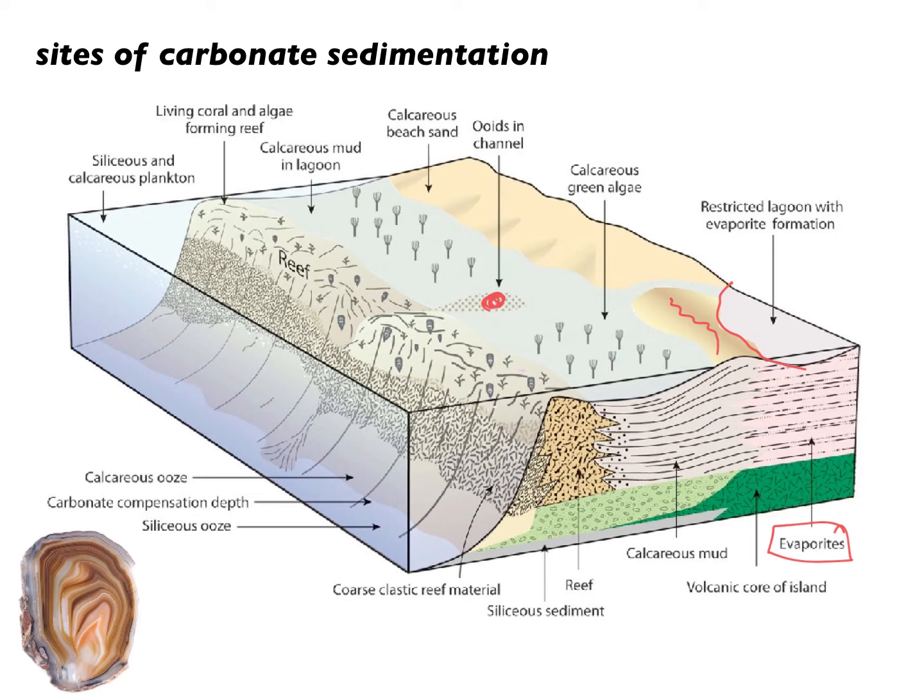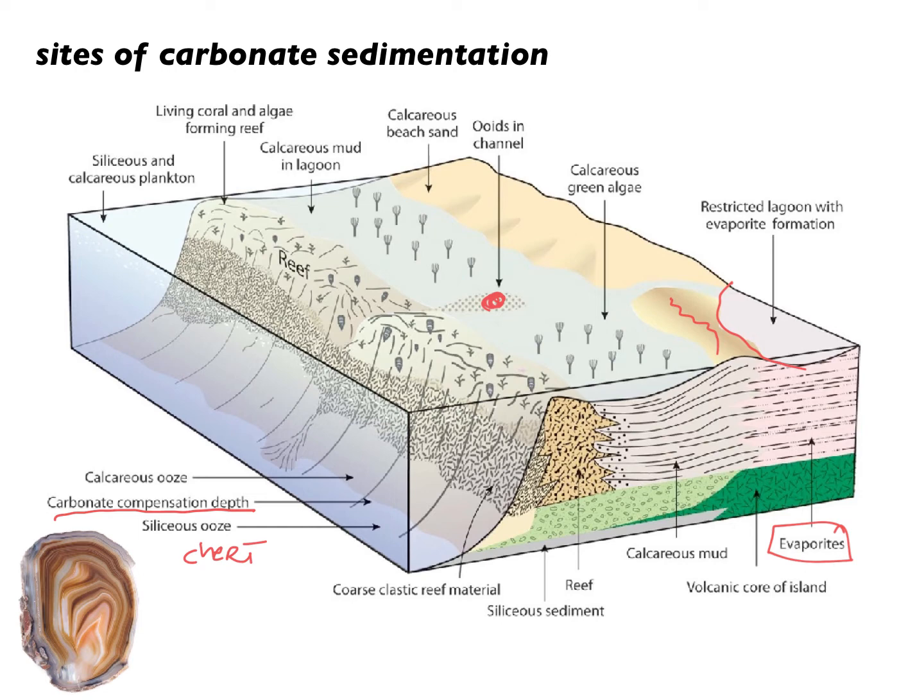One other thing I want to point out is that there is something called the carbonate compensation depth. In the oceans, once you get below a certain depth, you can no longer form carbonate directly from the seawater. Instead, beneath that carbonate compensation depth, you will only have the chemical precipitation of siliceous oozes. These are things like chert.